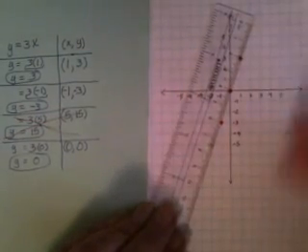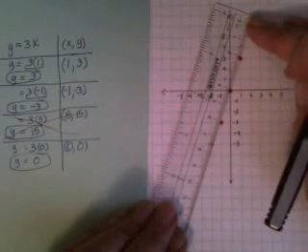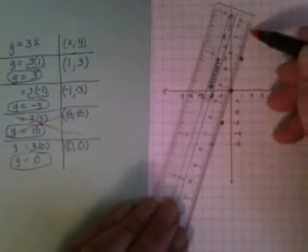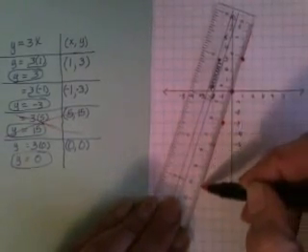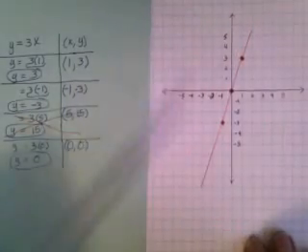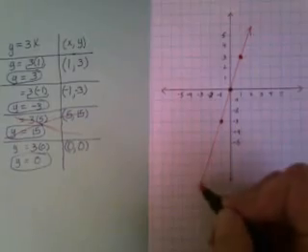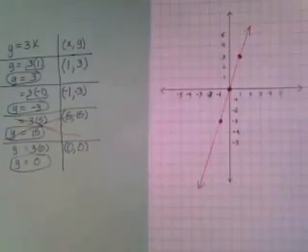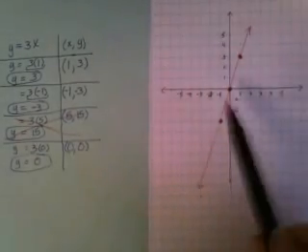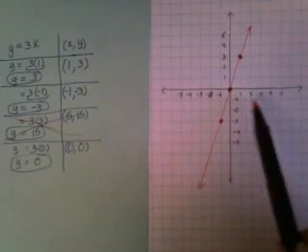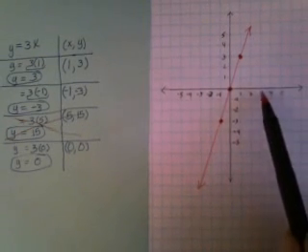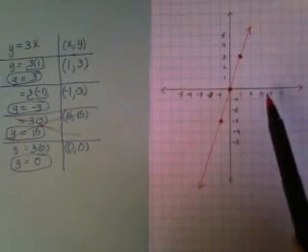Okay, well, there we go, more or less. And then we draw that straight line, put our little arrows on the end, because if you think about it, we could choose any value for x and find a y to go with it.